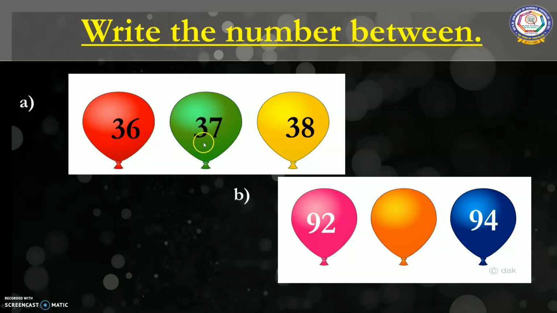Very good. 36, 37 and 38. See the B sum. 92 dash 94. What comes in between 92 and 94? Yes, 93. 92, 93, 94.